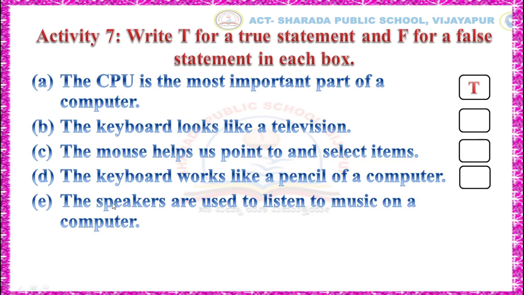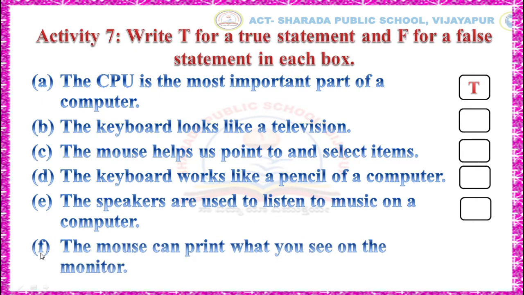E. The speakers are used to listen to music on a computer. F. The mouse can print what you see on the monitor. These remaining questions you need to solve on your own.